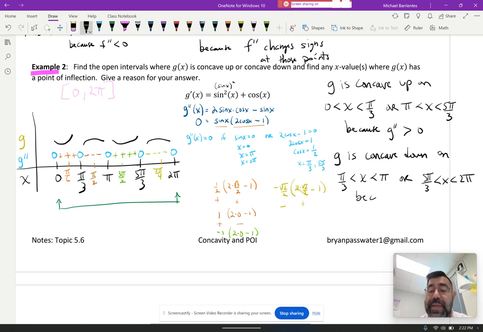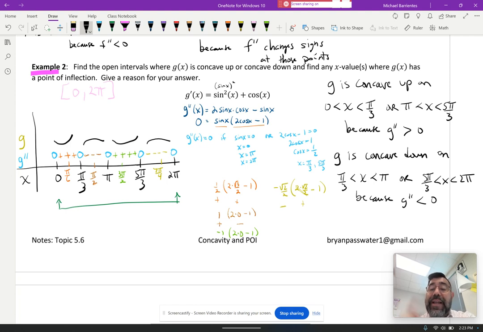And I know this because g double prime is negative, less than 0. By the way, if you write the word negative, g double prime is negative, it is acceptable. I'm using the symbols just because it might be a little bit faster than writing out the word negative. Save yourself a second or two.